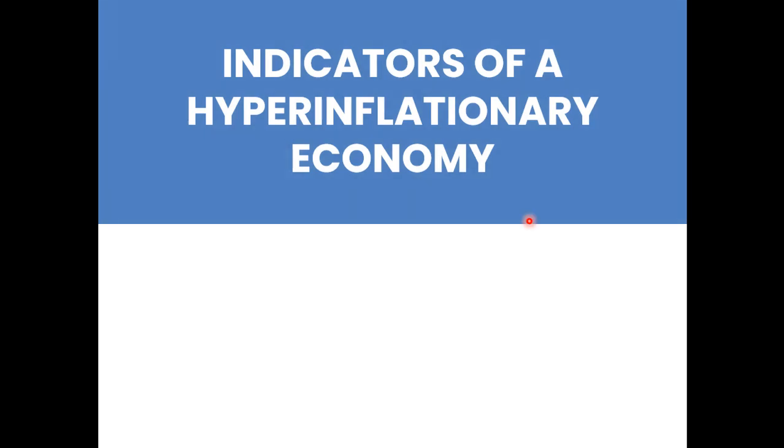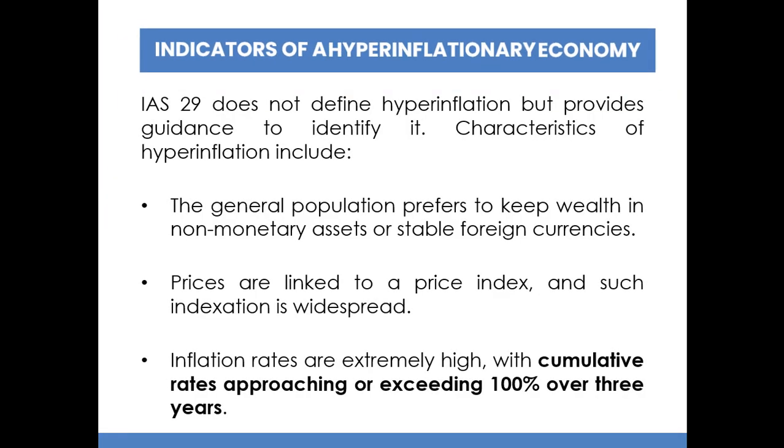So now we should look at some particular indicators of hyperinflationary economies, so that we can understand how IAS 29 is applied. IAS 29 does not define hyperinflation but provides guidelines to identify it. There are some common characteristics. One is that the general population prefers to keep wealth in non-monetary assets or a stable foreign currency.